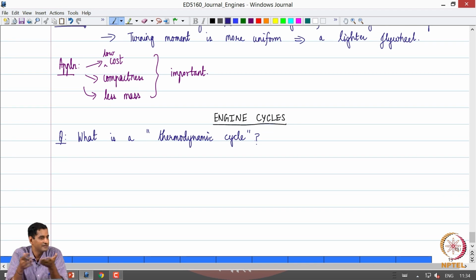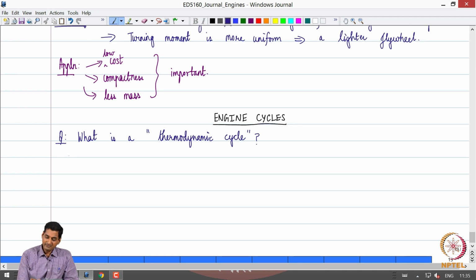These are typical thermodynamic variables that we encounter. So, we essentially look at these variables and take the system through a sequence of states and then we end up at the same initial state. So, that is a thermodynamic cycle.